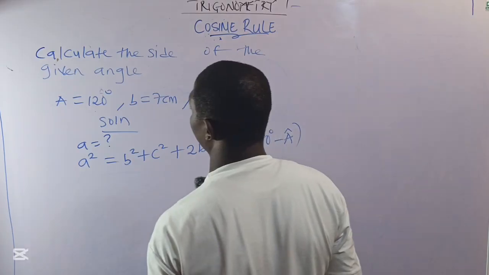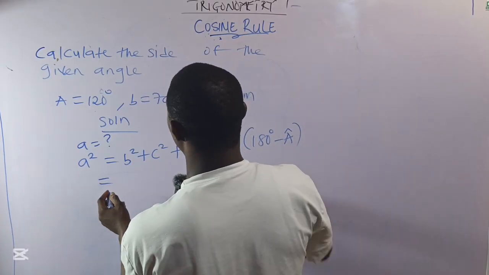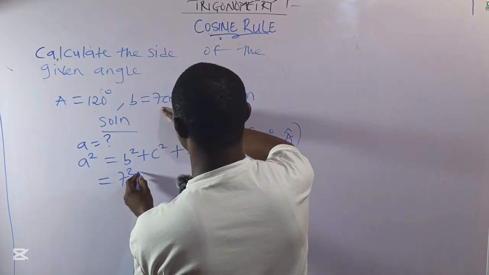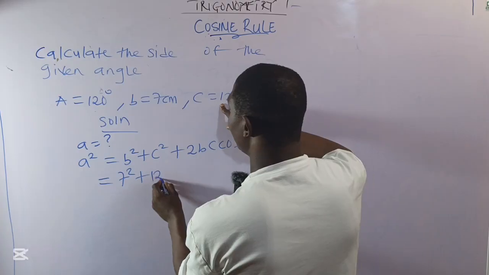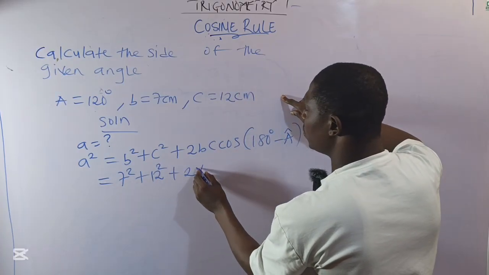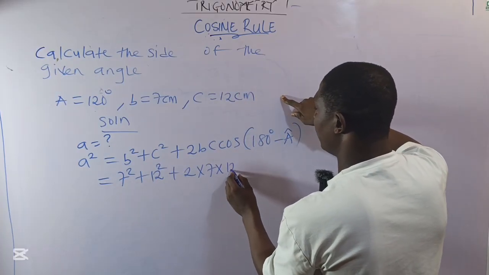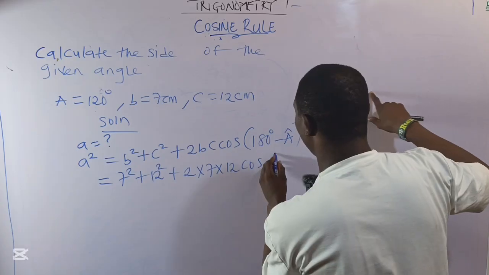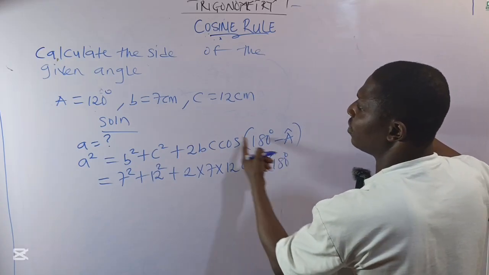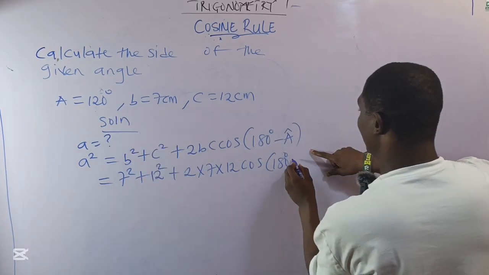Now our b was given as 7, so we have 7 square and c is 12, 12 square plus 2 times 7 times 12 cos open bracket 180 degrees minus the value of A given, which is 120 degrees.